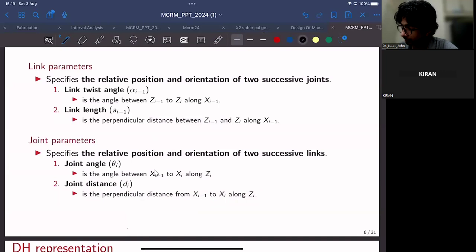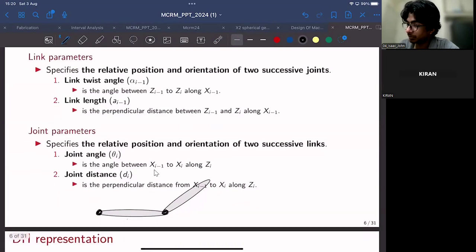Again, considering the RR manipulator having two rigid bodies connected using two revolute joints. You always fix the z-axis first, which is the obvious choice because the z-axis always aligns along the joint. In this case, the revolute joints are out of plane, so the z-axes are also out of plane. So z1 is like this. z2 is also out of plane.